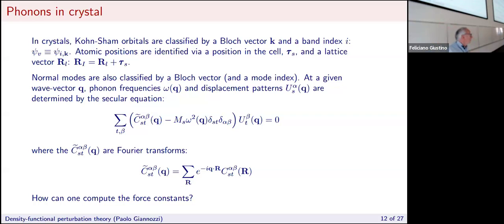You have a periodicity defined via a unit cell that is periodically repeated, and your atomic positions are identified by their position in a unit cell plus the position of the unit cell. So you write here the atomic positions as position in the cell plus position of the cell.